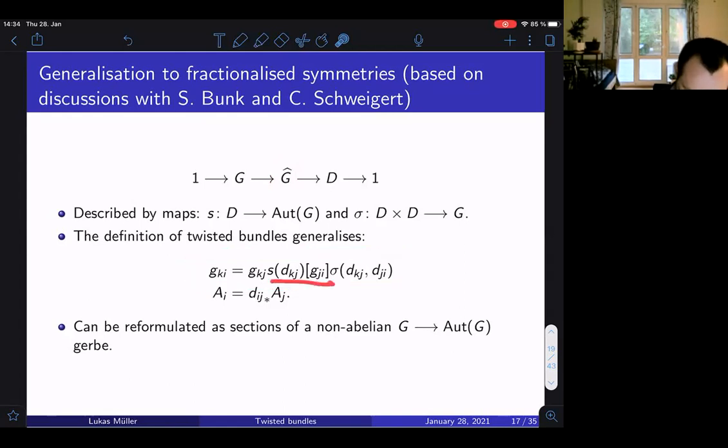But now, this term we had before, but there's this additional term which comes from the fact that the sequence is non-split. And then for the connections, it is the same. And if you look at this formula a bit, you see that this is nothing else but sections of a non-abelian gerbe with structure 2-group, the 2-group of automorphisms of G.